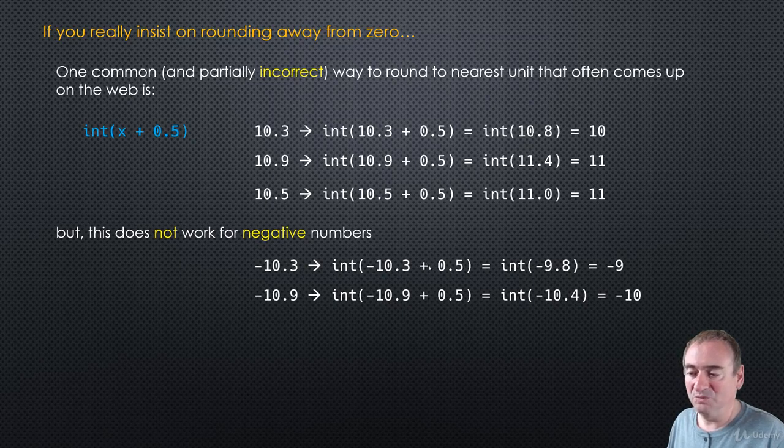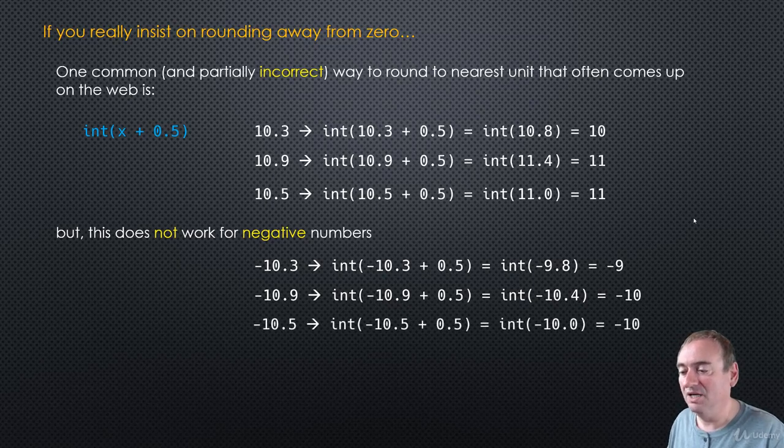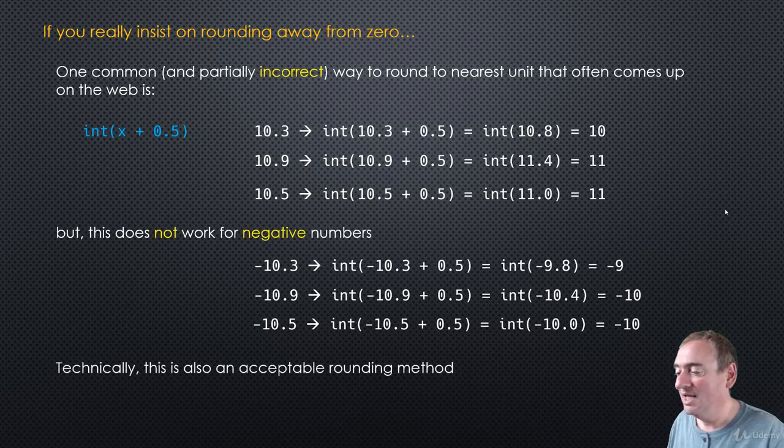The problem here is that for a negative number, this needed to switch to a minus 0.5. Then it would work. But now we have this thing of, if x is positive, then add 0.5. If x is negative, subtract 0.5 and then truncate, right? So you have to be careful. It's not quite straightforward enough. And then negative 10.5 also rounds to negative 10. So same problem there.